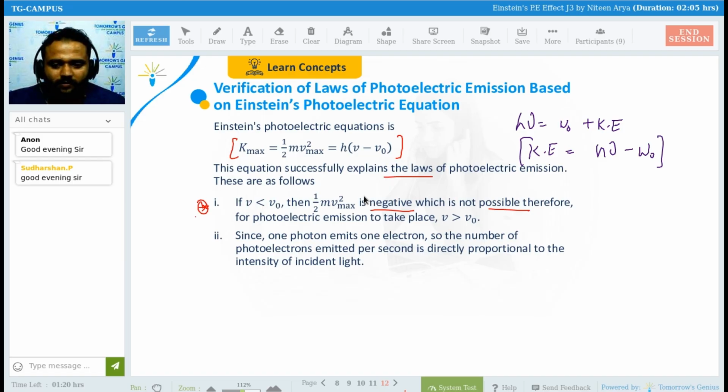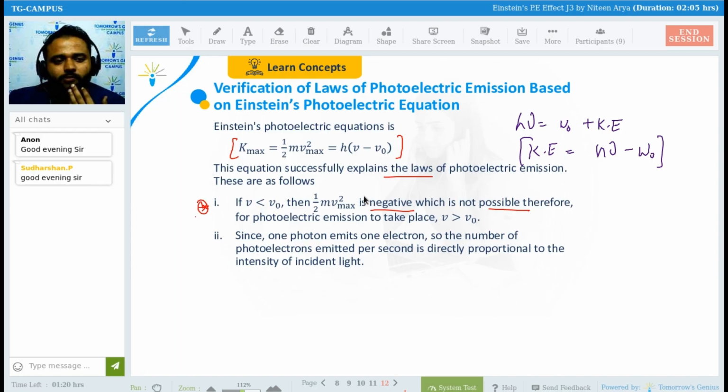If I ask you on what basis kinetic energy can be negative, or why kinetic energy cannot be negative, how are you going to explain? Why can't we say kinetic energy is negative and the photoelectric emission is still done?